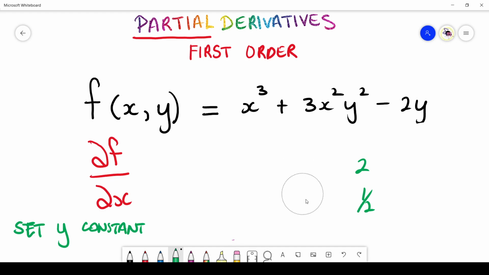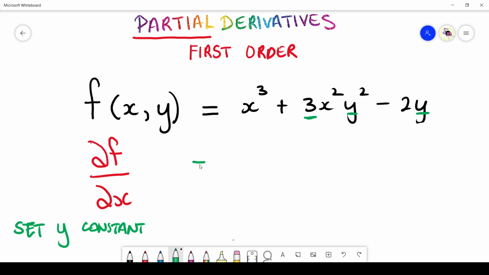So if you consider that the variable y in this question is just a number or a constant, remember when you're differentiating, essentially you tend to put the numbers in front. So we are going to highlight all of our constants on the right-hand side of the equation, so it will be easier when it's time to differentiate partially.